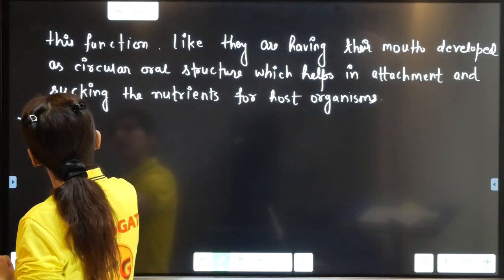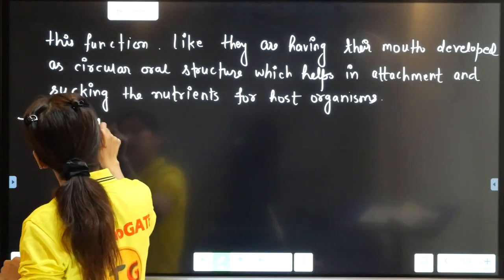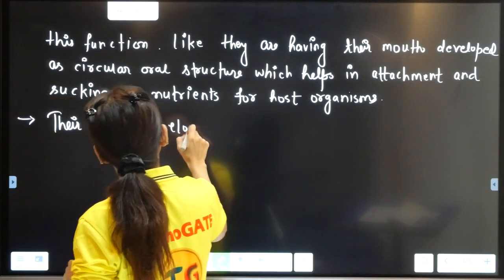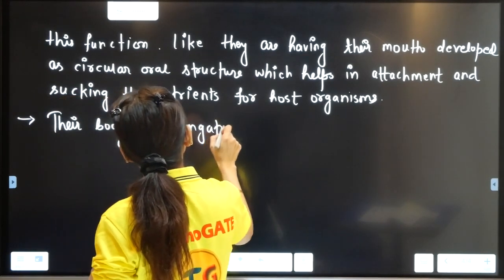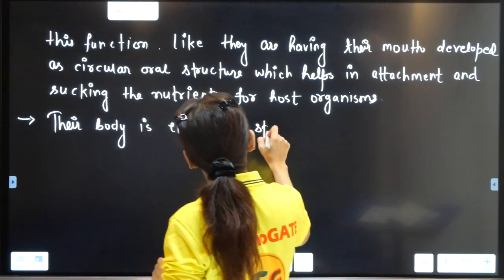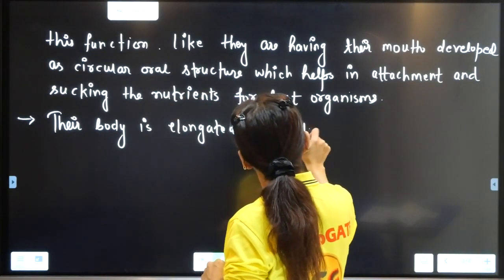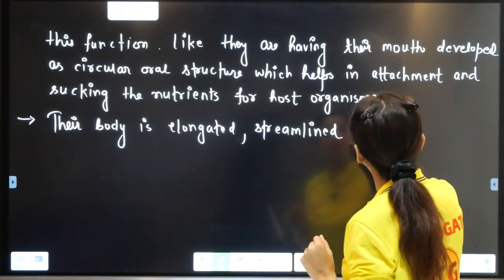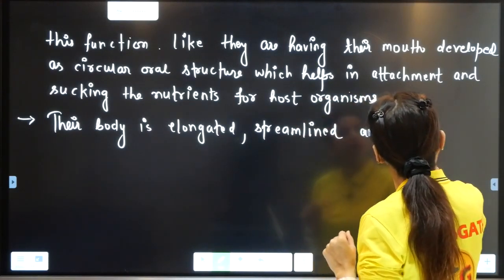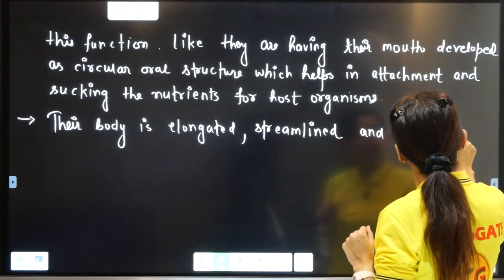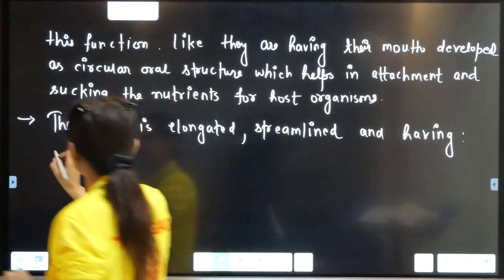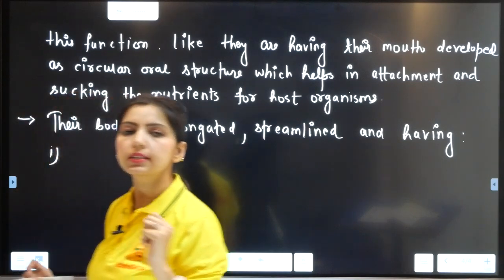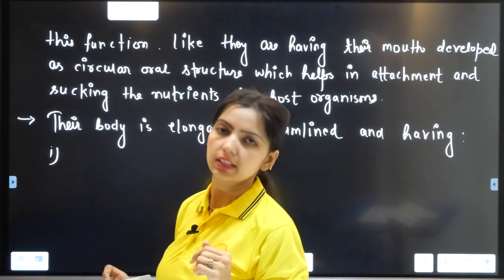Write down, their body is elongated, streamlined, and having the following characters. First feature, very important one, is the presence of pharyngeal gill slits.